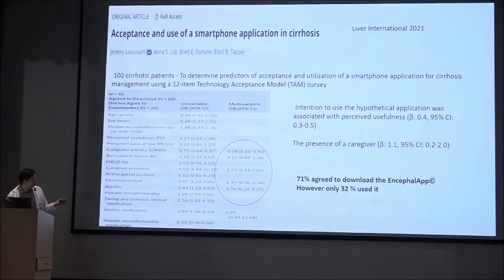Only 71% agreed to download the app, and only 32% actually used the app. So the usage of this app, even in a country with high levels of literacy, was only 32%. The actual applicability of a computerized survey, I think, is still in question, and maybe an easier survey or better outreach is required for these sorts of applications to work.